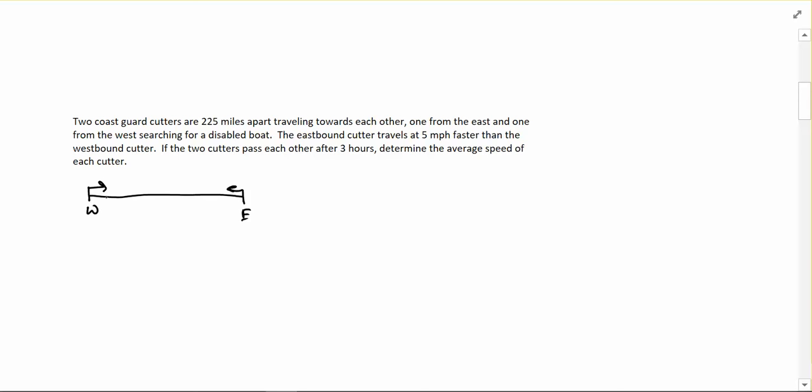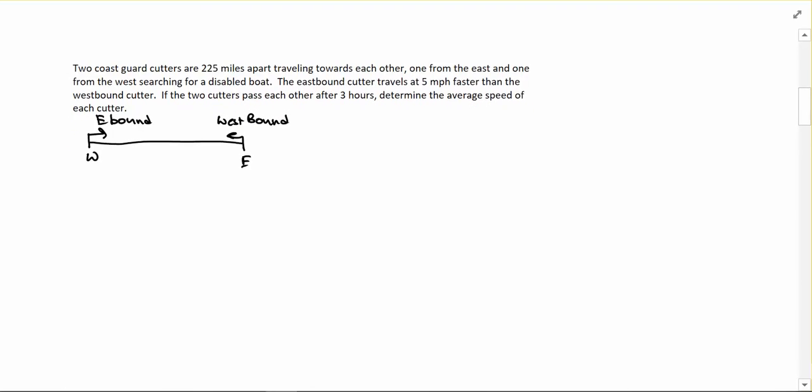The eastbound cutter travels at 5 miles per hour faster than the westbound cutter. So the eastbound cutter, this one, is eastbound, and this is westbound, heading towards each other, that's what it means. If the two cutters pass each other after 3 hours, determine the average speed of each cutter.